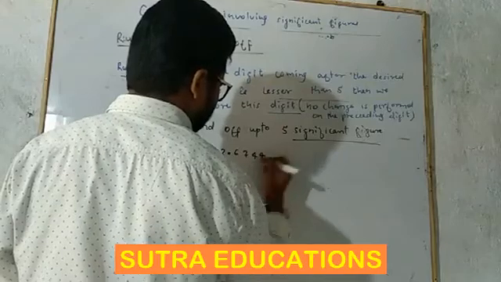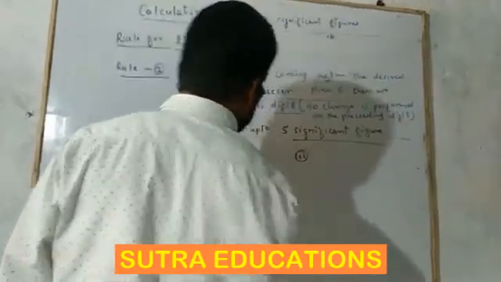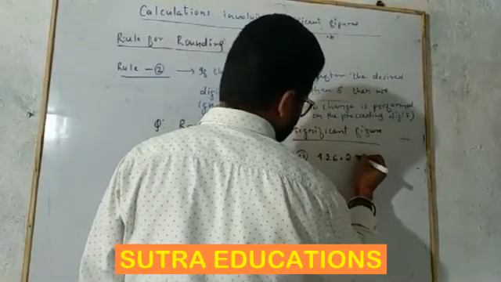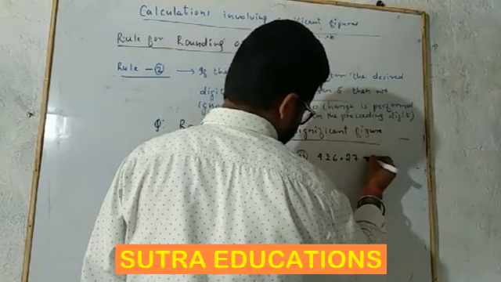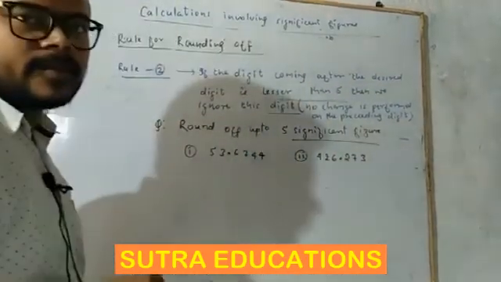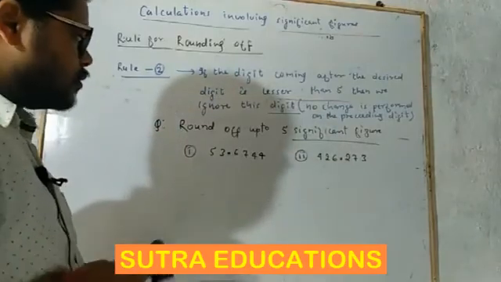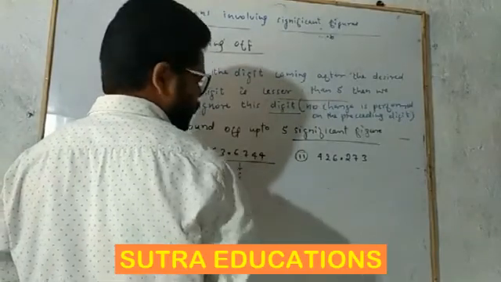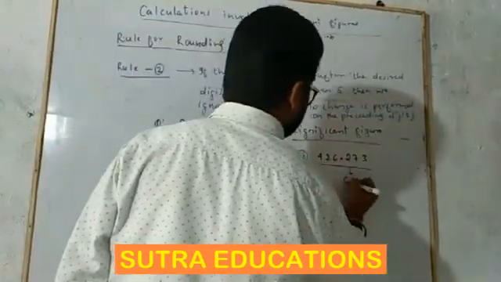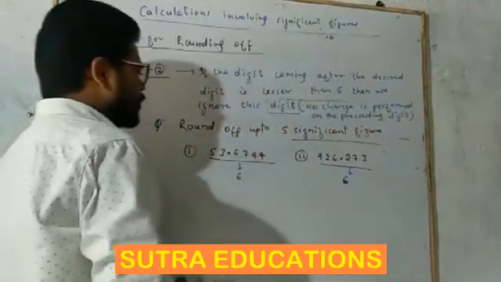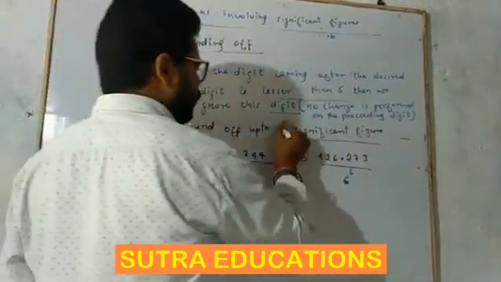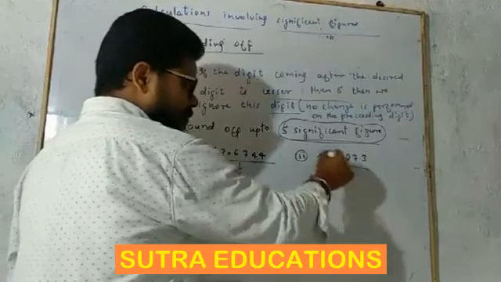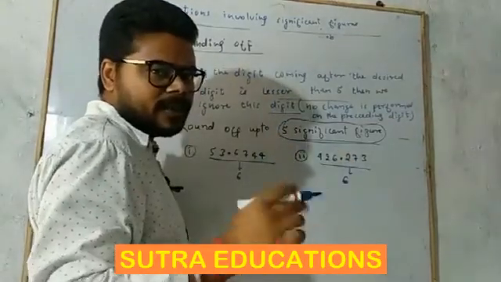The second is 46.2734. The number of significant figures here is 6, and here it is also 6, and we have to round off up to 5 significant figures. So 6 significant figures are present in the question, and we have to make it 5 significant figures.